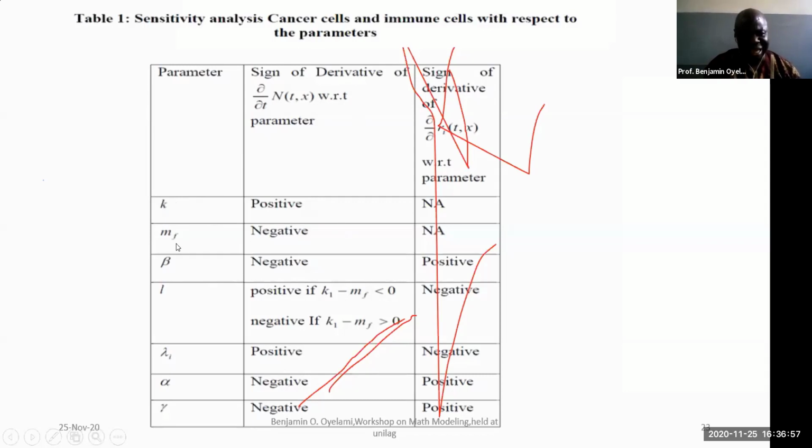Then this one is negative, which means that the population of the cells reduces with respect to this, and so on, other factors there. These are the factors that influence it. This B, the growth. These other parameters influence the growth.